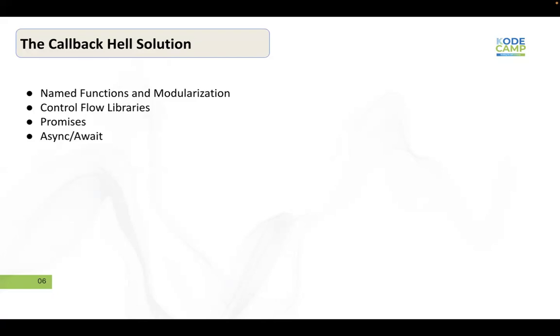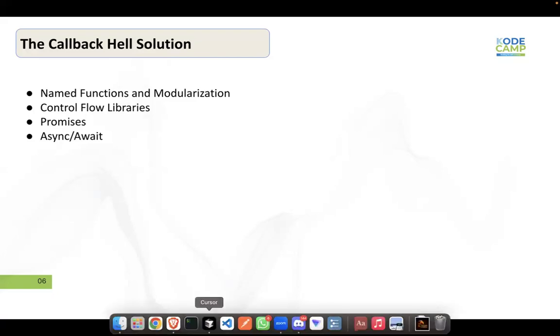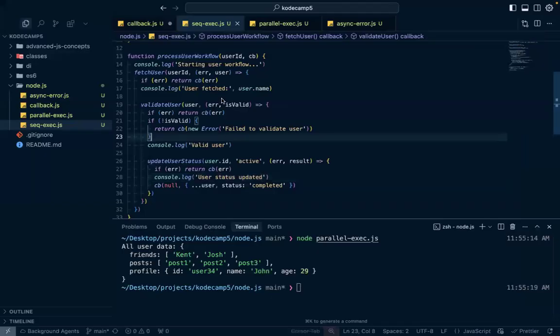So named functions and modularization. Instead of doing something like this, we write this function as a separate one. After writing it as a separate one, instead of doing all this, we pass user data.